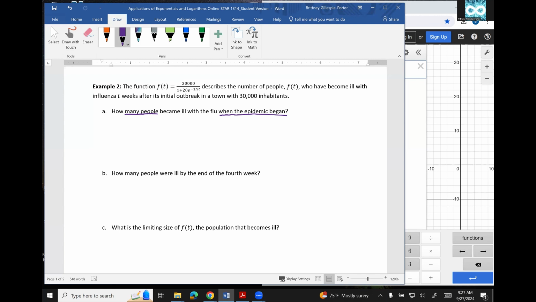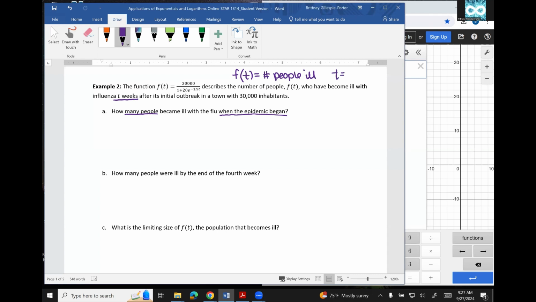We have two variables going on in our original function. It says f of t is the number of people who are ill, and t is weeks.